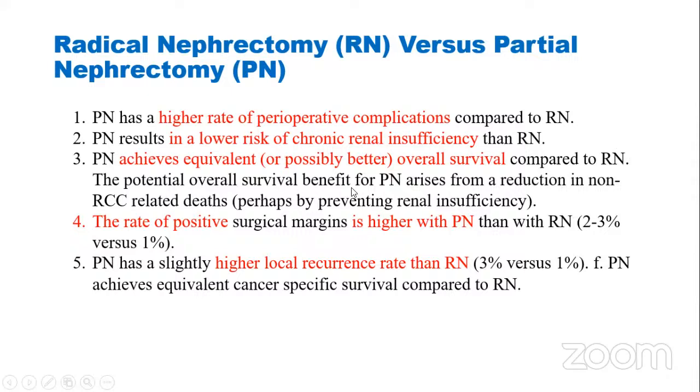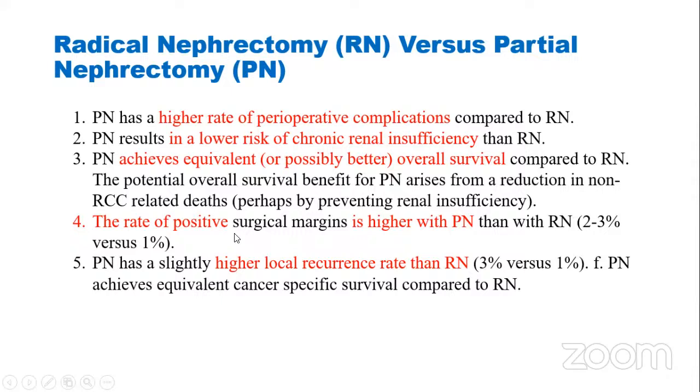There's a potential overall survival benefit for partial nephrectomy arising from reduction in non-RCC related deaths, perhaps by preventing renal insufficiency. The rate of positive surgical margins is higher with partial nephrectomy than with radical nephrectomy, 2 to 3% versus 1%.